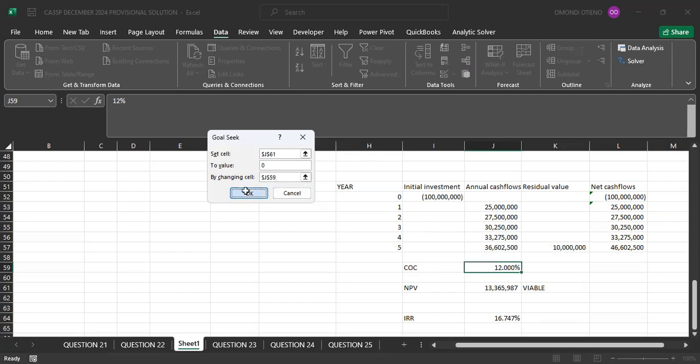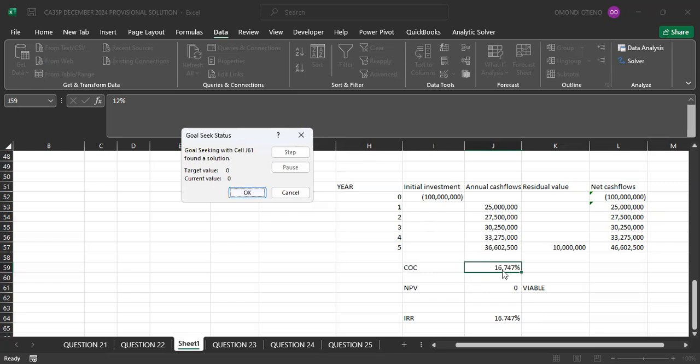If that is done, you'll be able to see we are getting 16.747, which is the same as when you are calculating using the IRR function. So that is our second method.